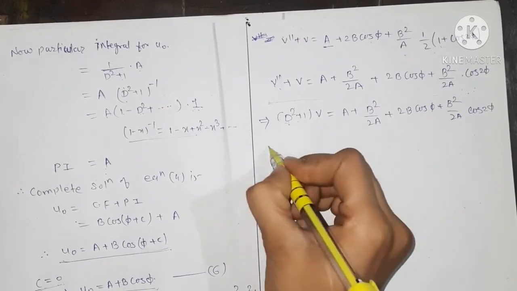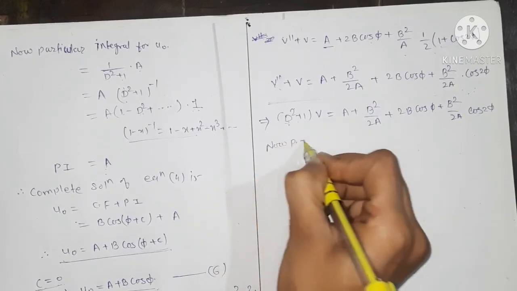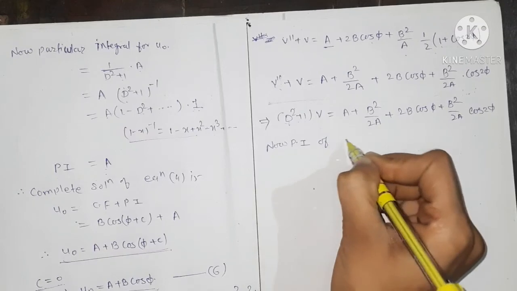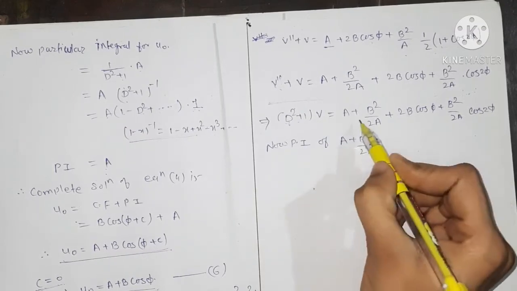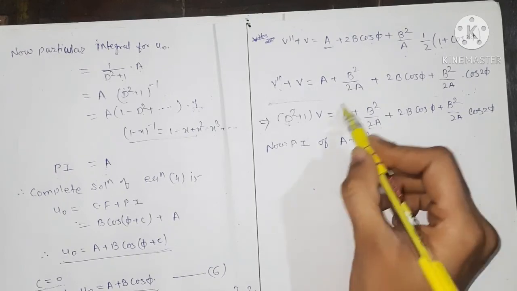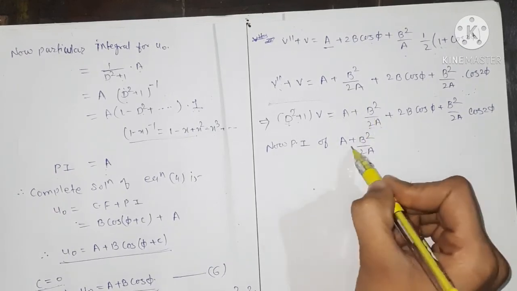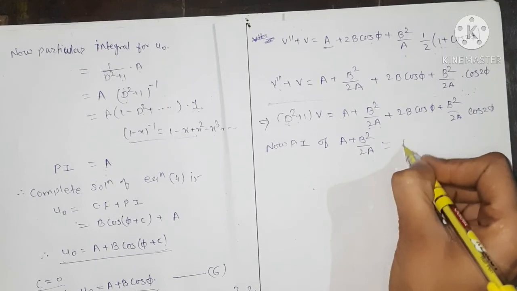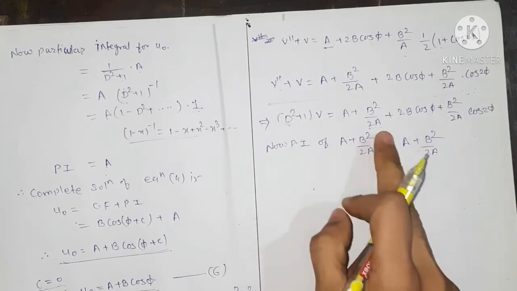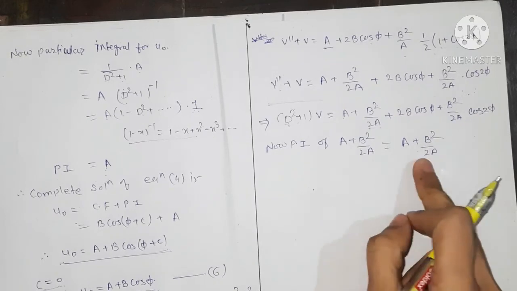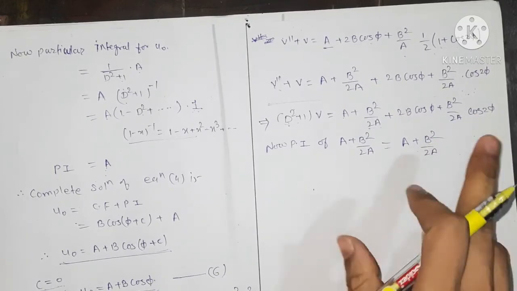Now the particular integral of a plus b square upon twice a. Since a plus b square upon twice a is constant, the particular integral of a constant is the constant term. Right. So the particular integral of a plus b square upon twice a is a plus b square upon twice a, that is constant.